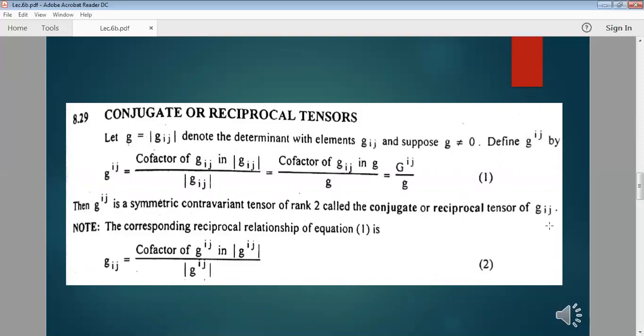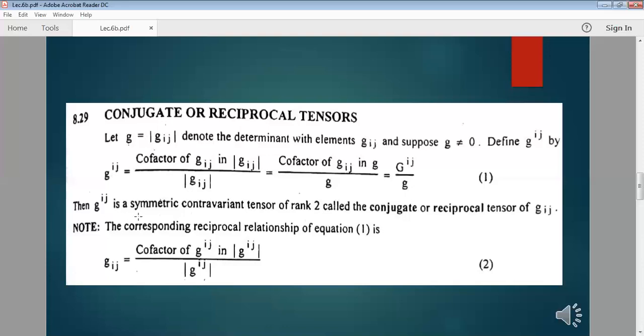Define G contravariant form by g^ij is equal to the cofactor of g_ij in the determinant g over g. We just replace this mod g with small g. When we write it as a cofactor of g_ij, it becomes capital G_ij over g. So our small g^ij in contravariant form is equal to the cofactor G_ij over g mod.